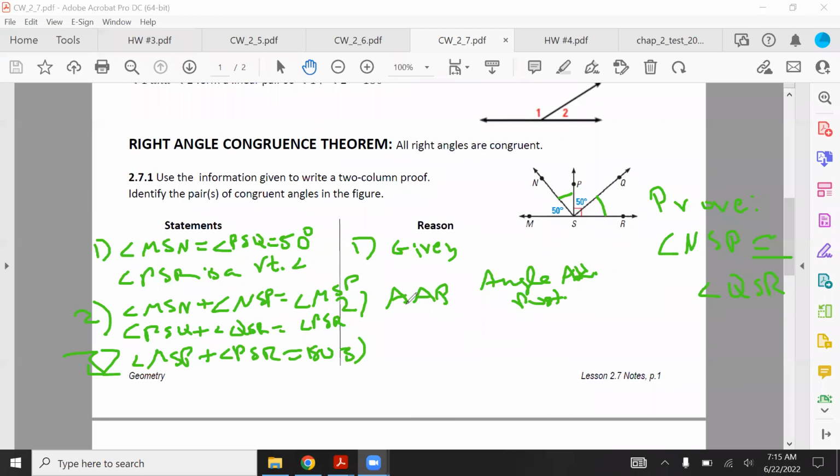So we're going to have 180. So you could say linear pair postulate. And then you could substitute. You would replace PSR with 90.